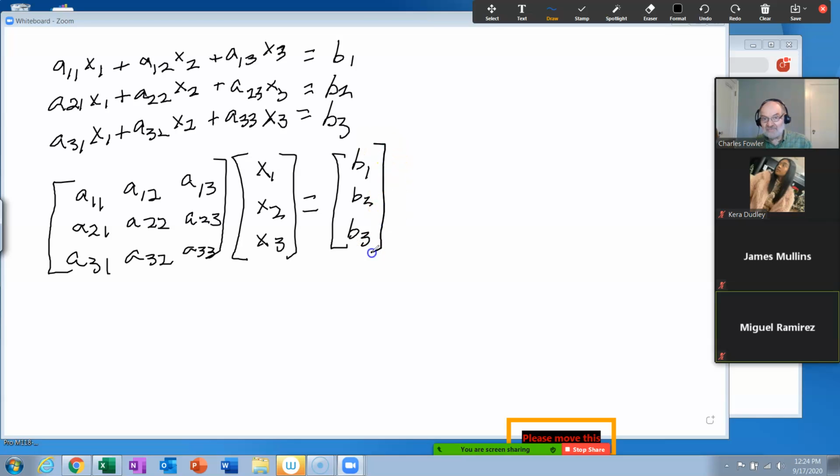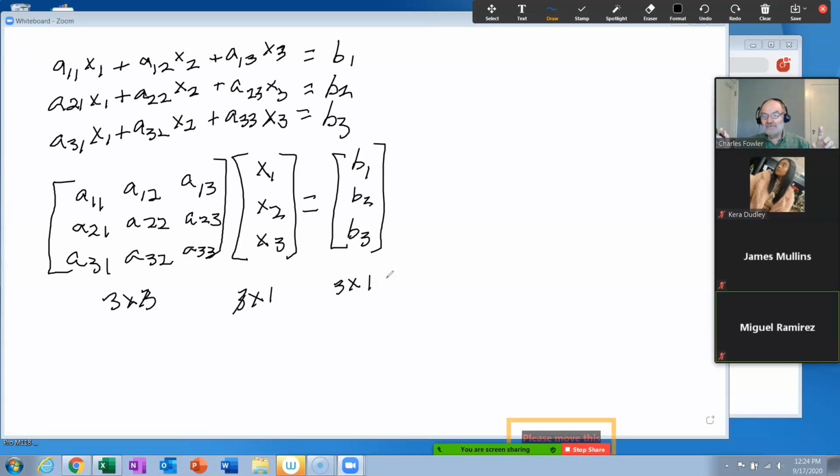Now, that's the claim. Let's see if it's right. Well, this is a 3 by 3 matrix. This is a 3 by 1 matrix. And sure enough, since these two are the same, it should result in a 3 by 1 matrix. And it does. So at least the sizes are right.